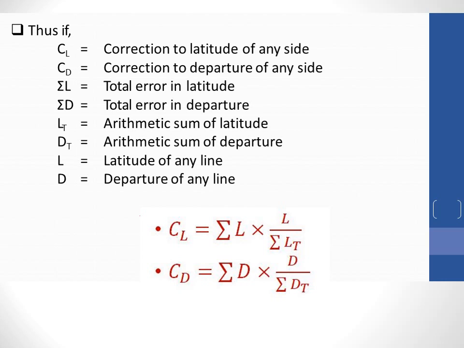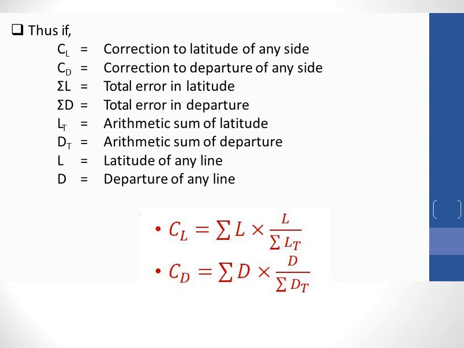So the equation will be CL equal to summation L into L by, actually just LT is required, because LT itself is the arithmetic sum of latitudes. Okay, so there is no need of that summation, but if you understand, it's okay.